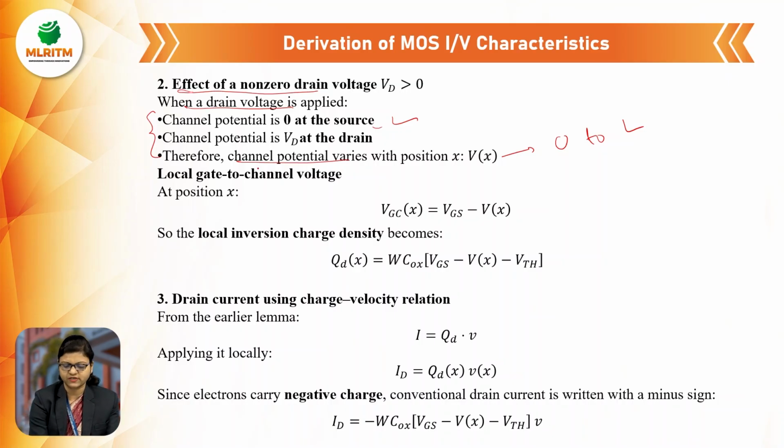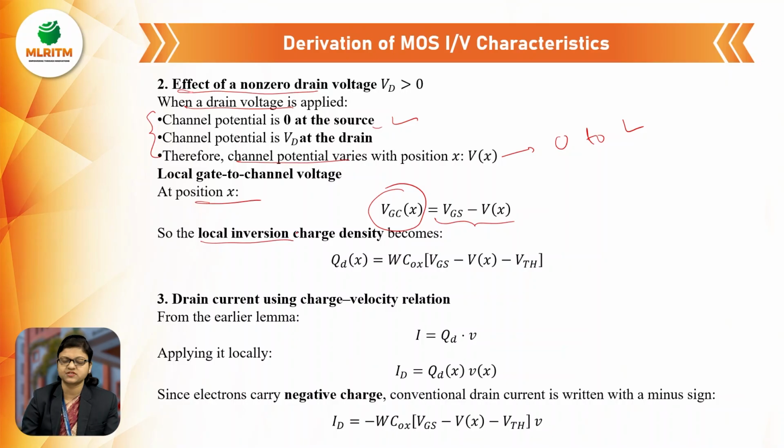At any position x that you take, there is a gate-channel voltage. The gate will be at a fixed potential. So VGS of x, if you want to find it, will be VGS minus V of x.